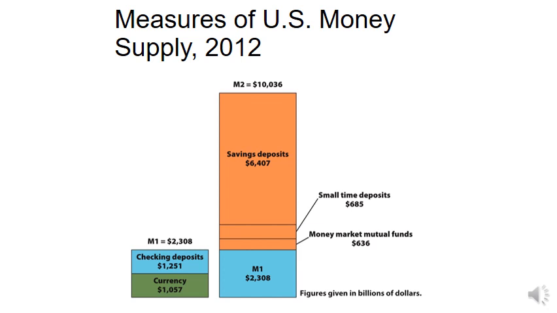So, because it's everything and then more, M2 is always going to be larger than M1. But what's not immediately clear until we see the graph is how much larger. M2 is readily available money, but because it's in M2, it suggests that consumers might not think of it that way.